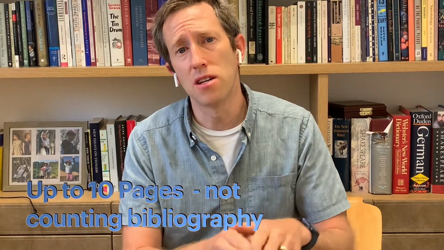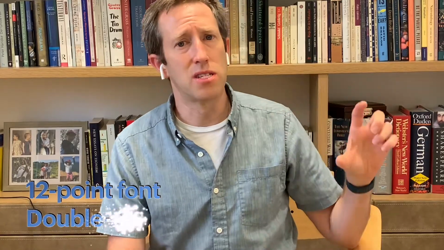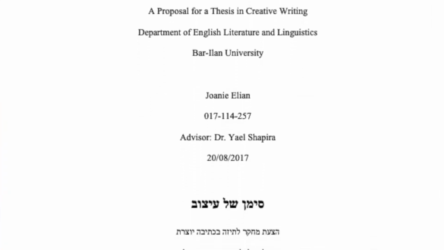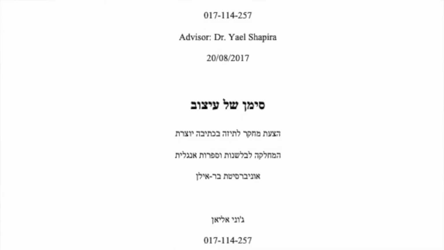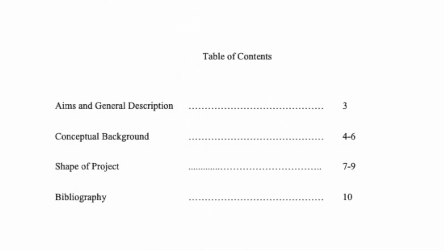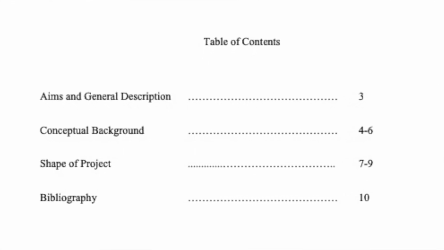What does it entail? It has to have a specific length, 10 pages of text, plus any bibliography. You can make it a little shorter, 9 pages. You cannot make it longer. It has to be in a very specific cover page, which you can see, and these details are, we're in Israel, we're at Bar Ilan, these things have to be done to the letter, exactly as formatted and demanded by the university.